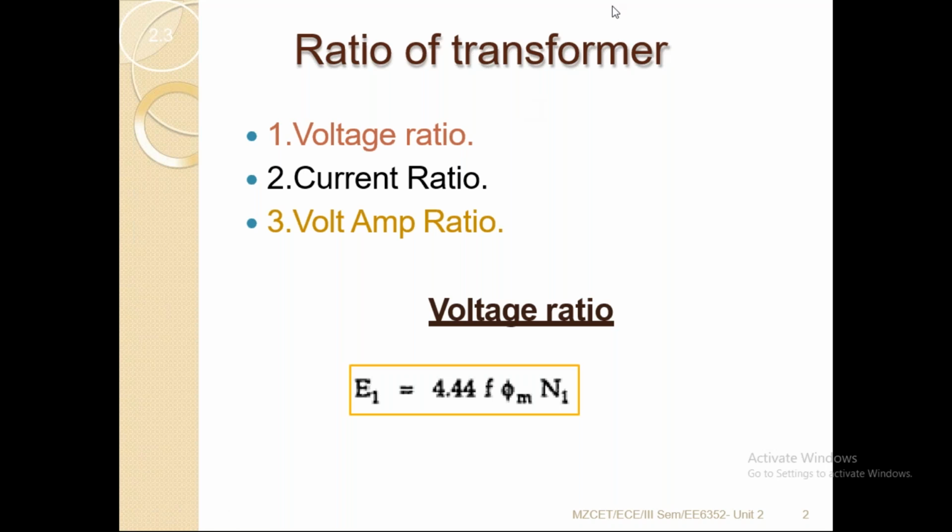The transformation ratio we denote by small k, and in terms of voltage it is given by V2 divided by V1. Now in terms of current ratio, how can we represent it?